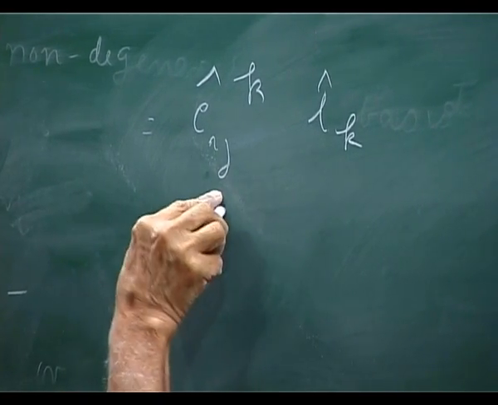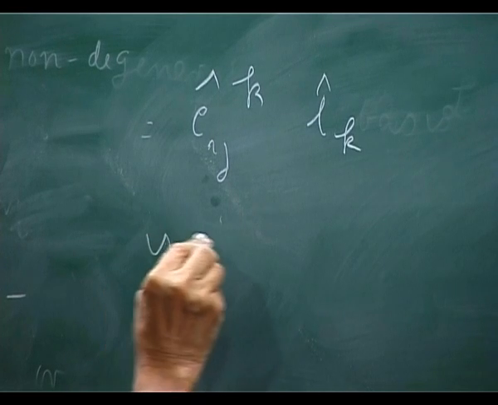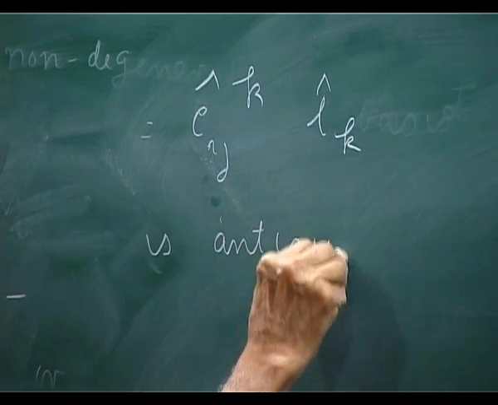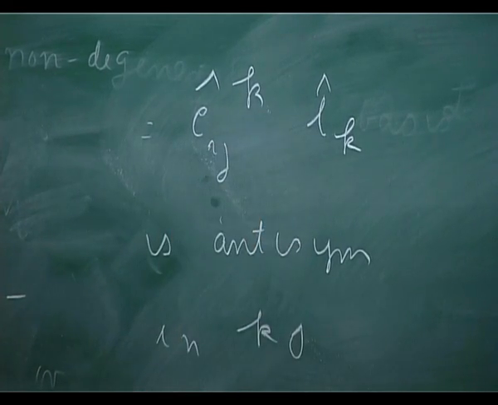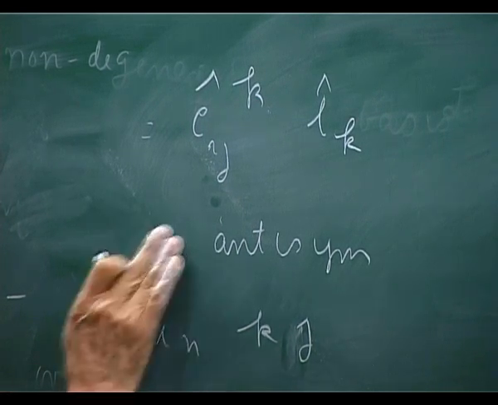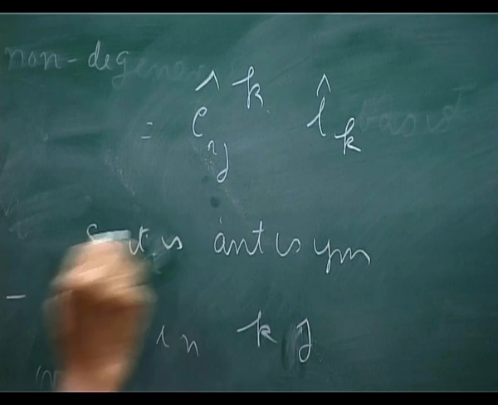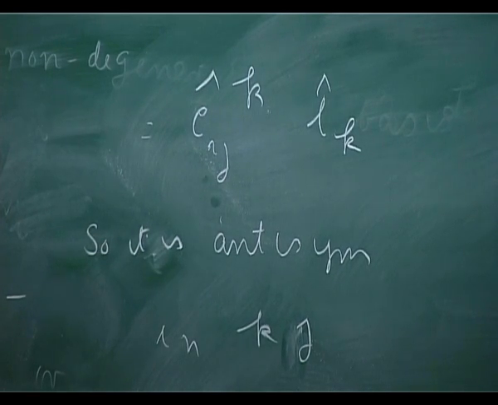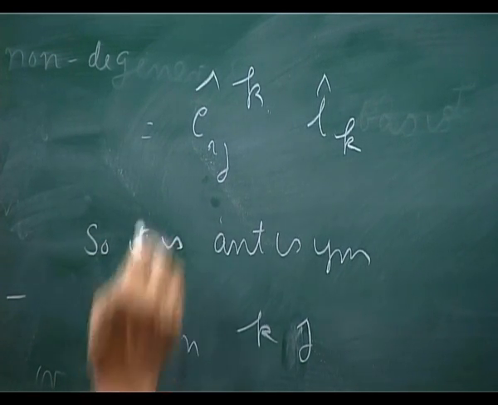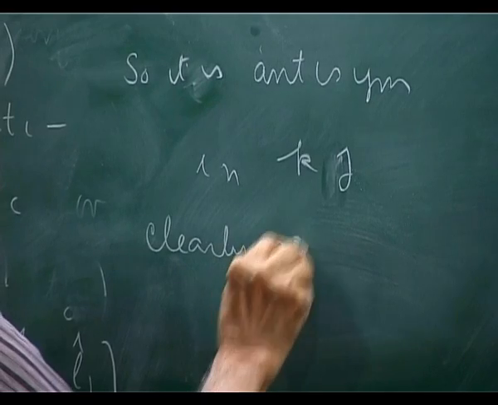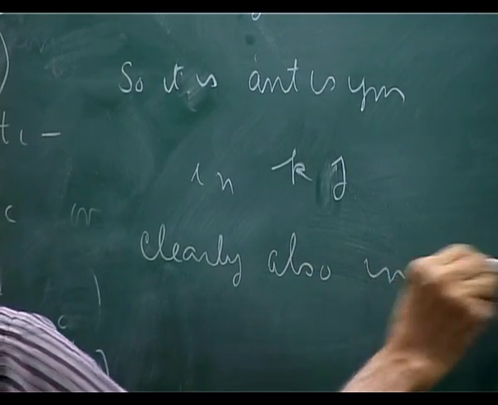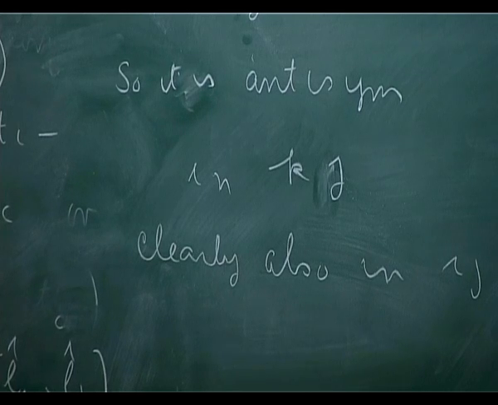But this is now, I am telling, antisymmetric by this equation in k j, these two indices. That is what this says. But it is already antisymmetric in I j also, clearly. So it is totally antisymmetric.